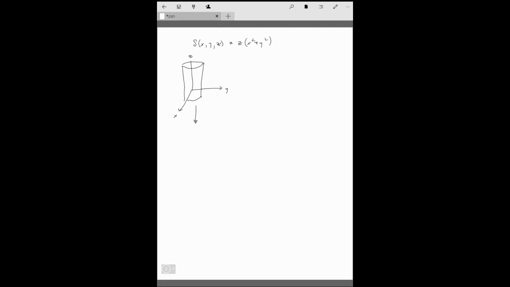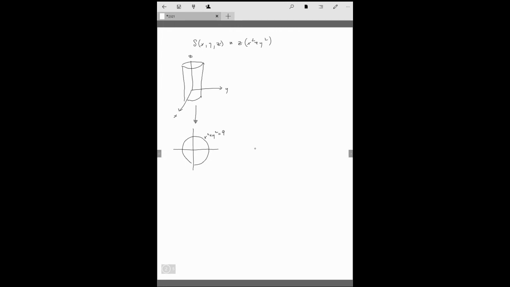Since it's a cylinder, I'm going to want to look at it in the XY plane. If I look at the projection, I get the circle in the XY plane. So I'll go back and ask a question: what type of coordinate are we going to use?